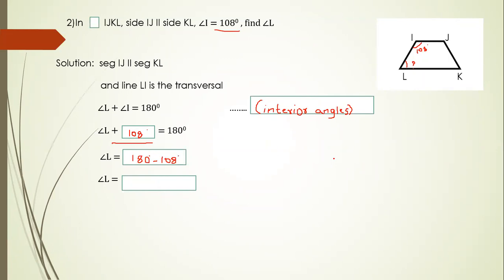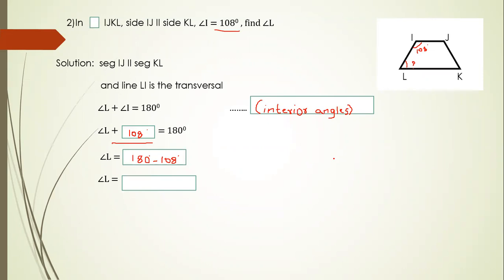Right? So you have to keep in mind the sign. Whenever you are changing the place from left to right hand side or from right to left hand side, the sign gets converted. So you have to keep that in mind.